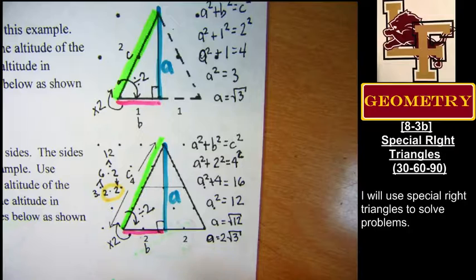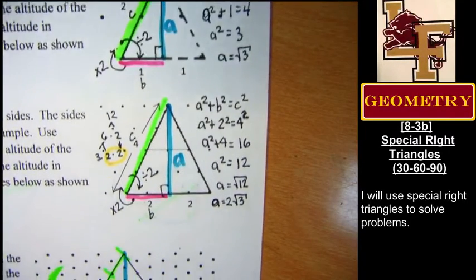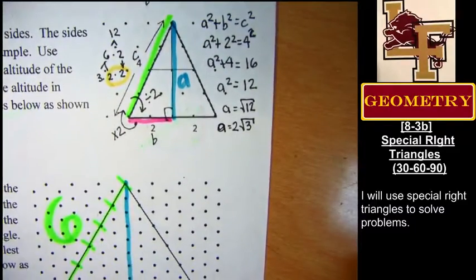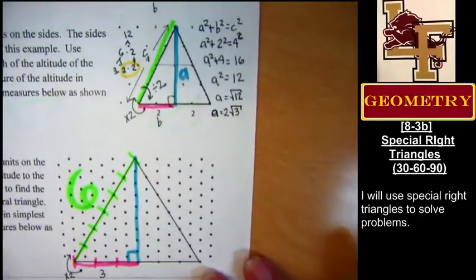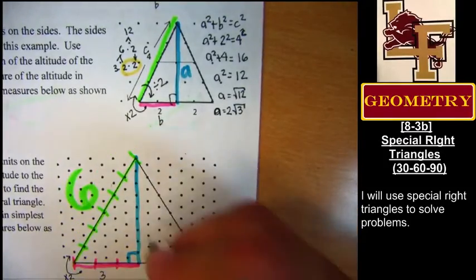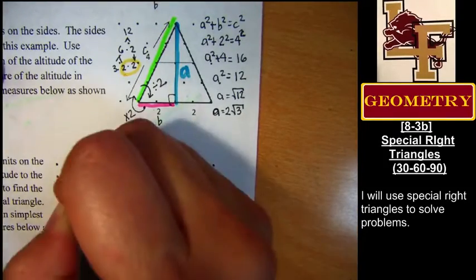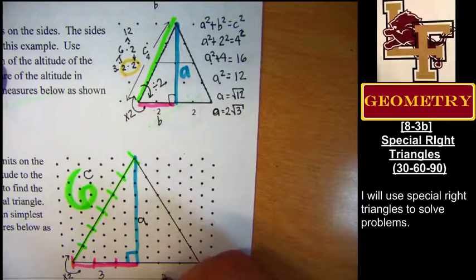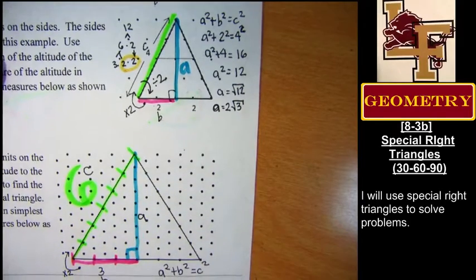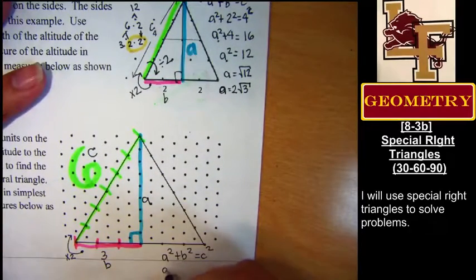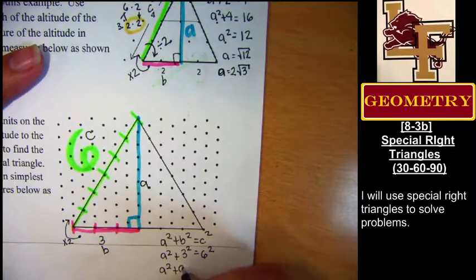Let's do one more to confirm that we may have our pattern with square root 3. Okay? Our next one is going to be this big triangle down here at the bottom of the page. A, B, C. A squared plus B squared equals C squared. Putting in information in B and C. Squaring things.